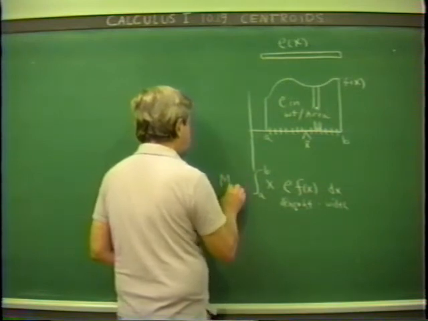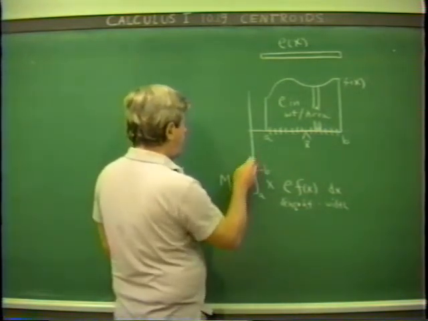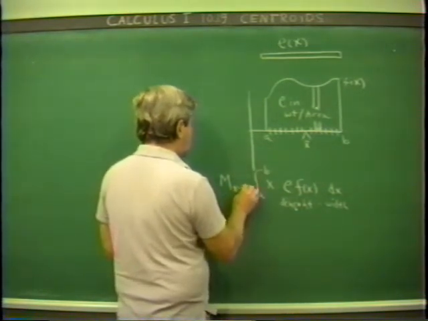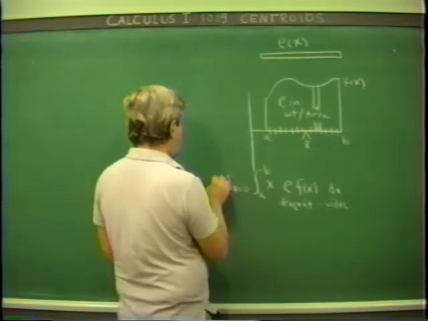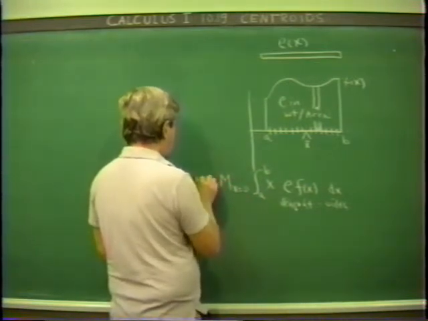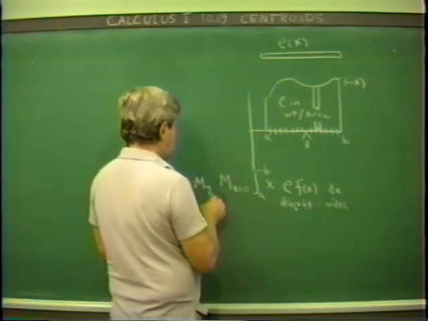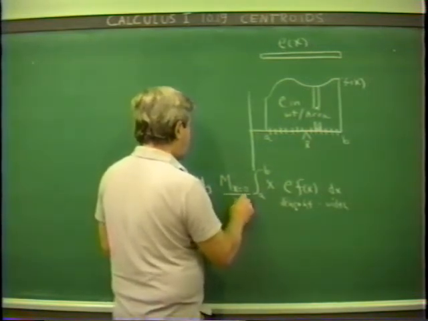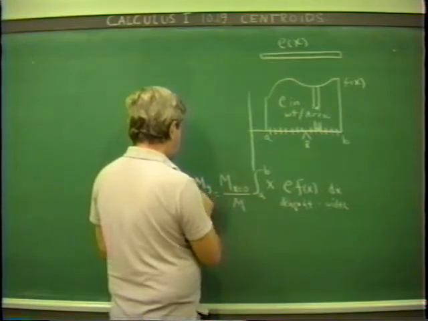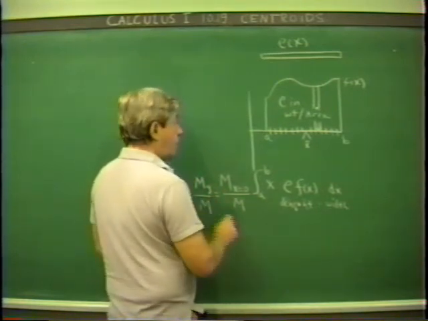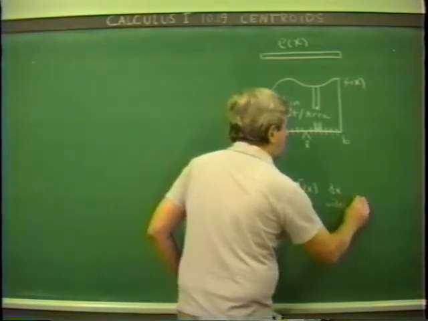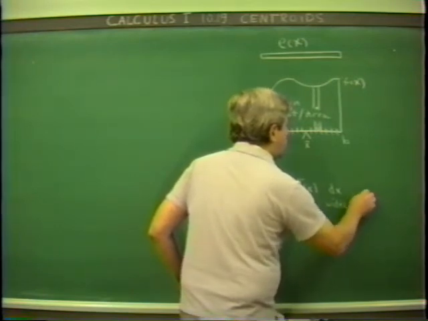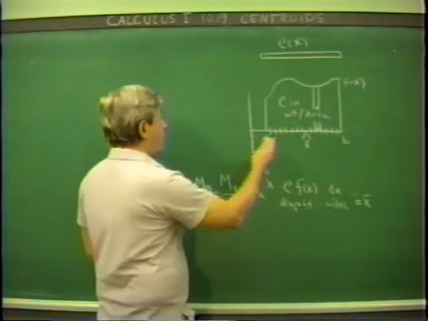And now we want to sum that up from A to B to get the moment about the origin. Actually, in this case, the moment about x equals 0 is the way this is written, or the moment about the y-axis, M sub y. We want to divide this by the total mass.